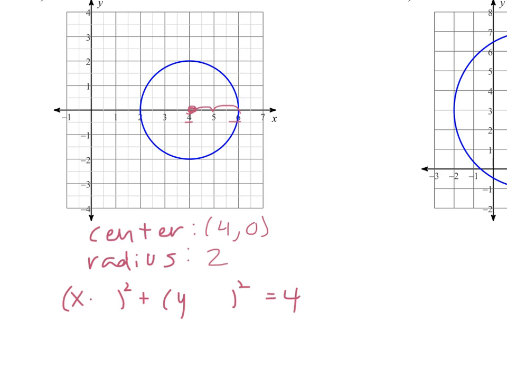So our +4 becomes a -4, and our 0, we don't write 0 in our equation, so we can just get rid of these parentheses here and just make it a y squared. So x minus 4 squared plus y squared is equal to 4, and this is our equation.